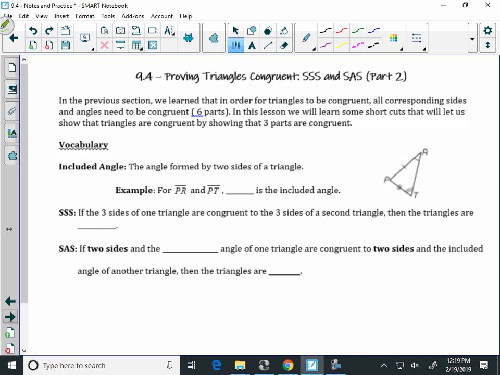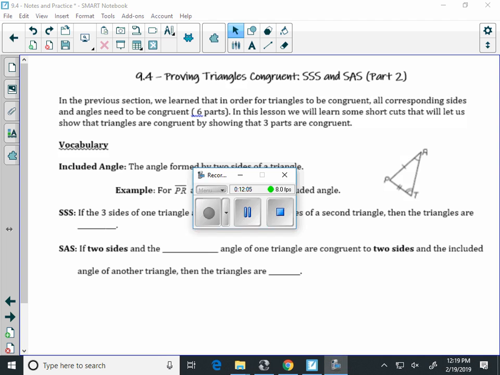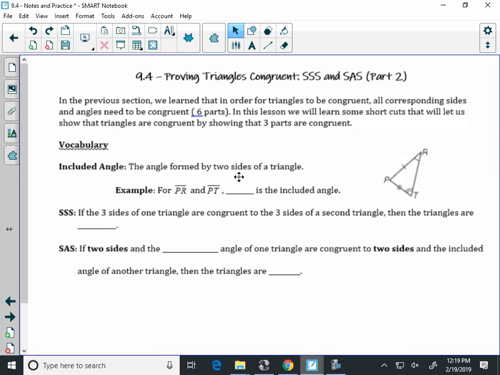So we take a look here. First vocab word is included angle. That's the angle formed by two sides of a triangle. So if we look at this example, again, included angle, the angle formed by two sides of a triangle. So we have side PR, this purple line, and we have side PT.